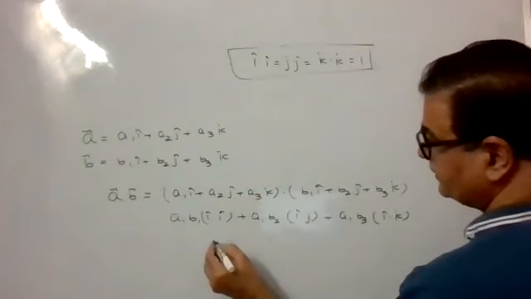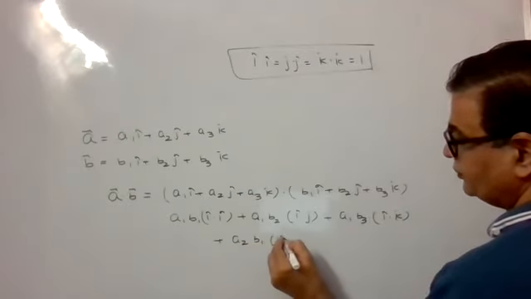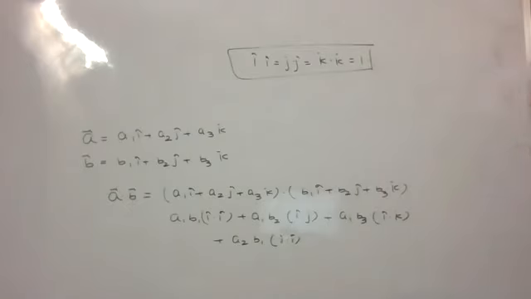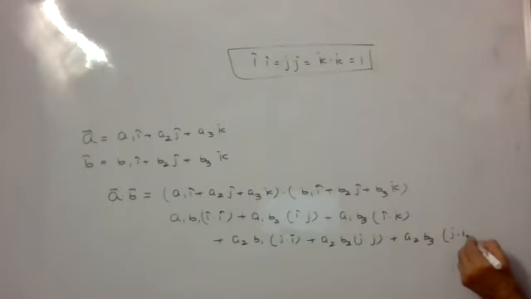Then comes this with this. What it will come? A2 B1 j dot i. Then this with this, it will be A2 B2 j dot j. And then it will come out to be A2 B3 j dot k.